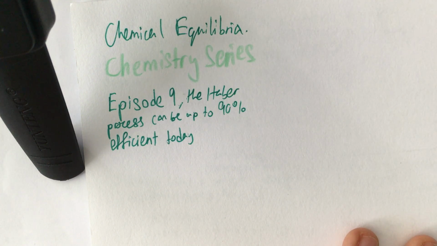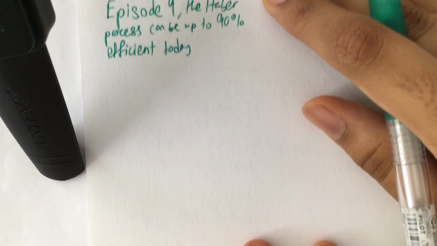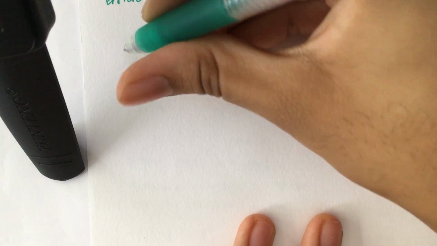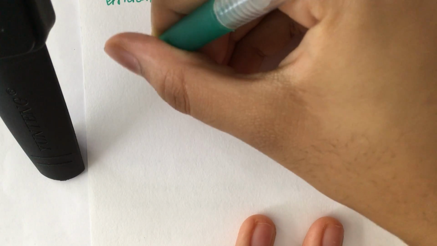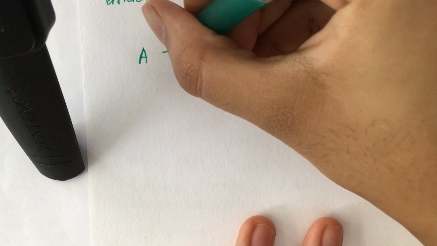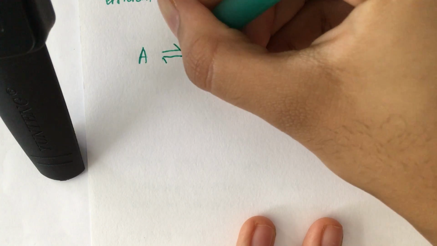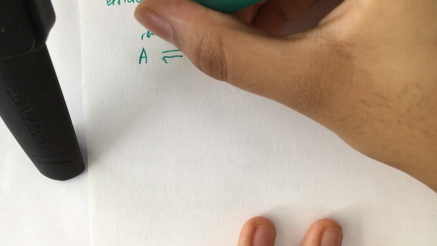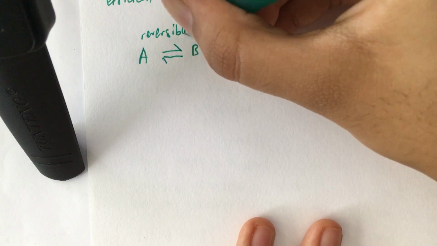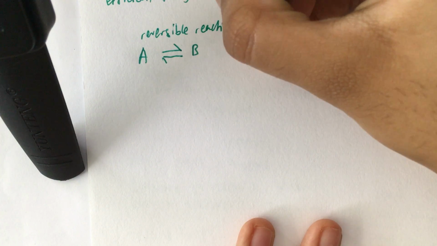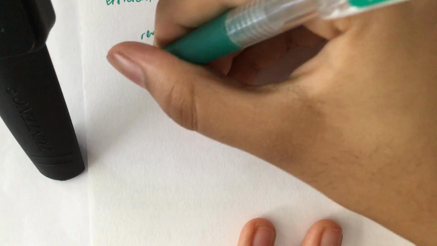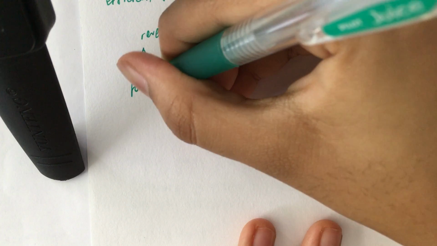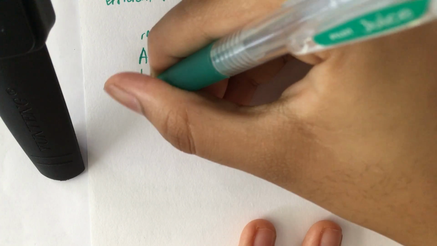So in a reversible reaction, which is very familiar in the sense of the two arrows, one going towards the right and one going towards the left, that's how you recognize it as a reversible reaction. There is a forward reaction and a reverse reaction. All reactions could technically be reversible.